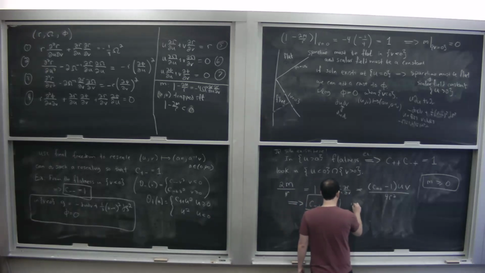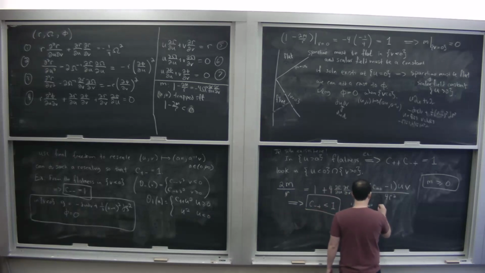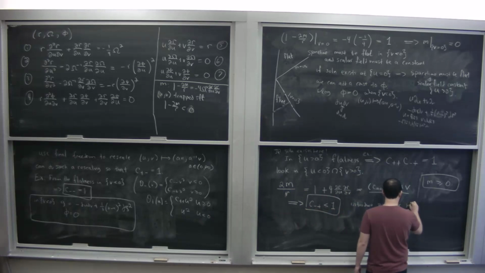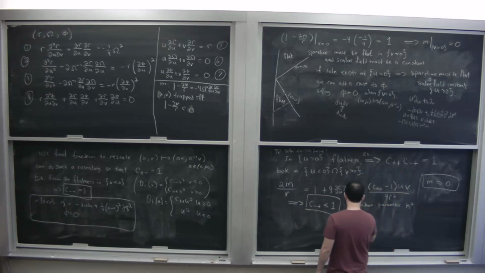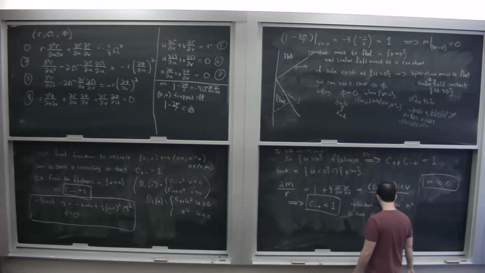All right, and so now we introduce this parameter k, so that C minus plus equals 1 minus k squared.